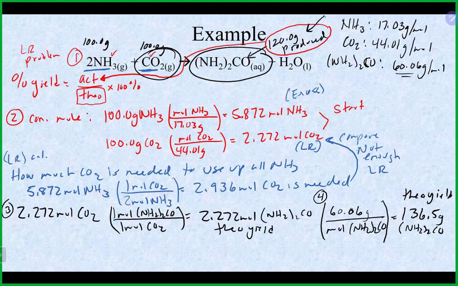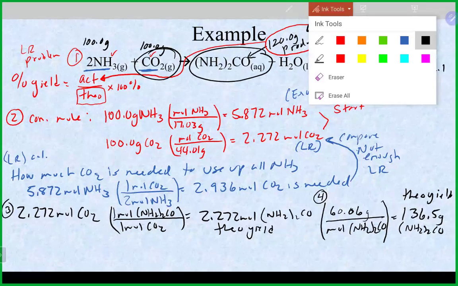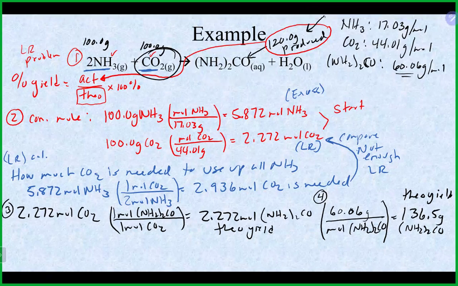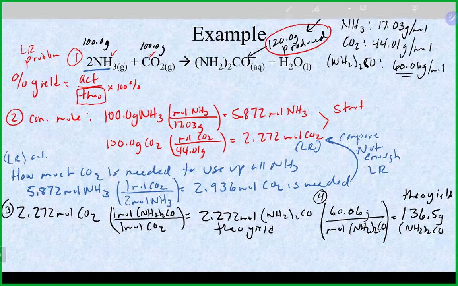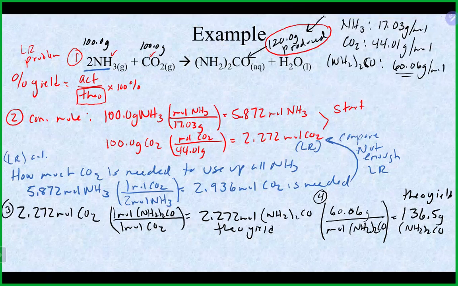Now that we have calculated our theoretical yield, we can calculate our percent yield in this case. And to do that, I'll just erase some of these lines here. That's going to give us a percent yield of our actual, which is 120 grams, divided by our theoretical, which is 136.5 grams, times 100%.